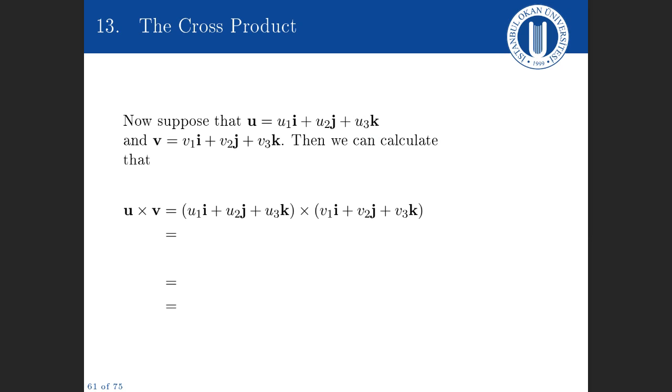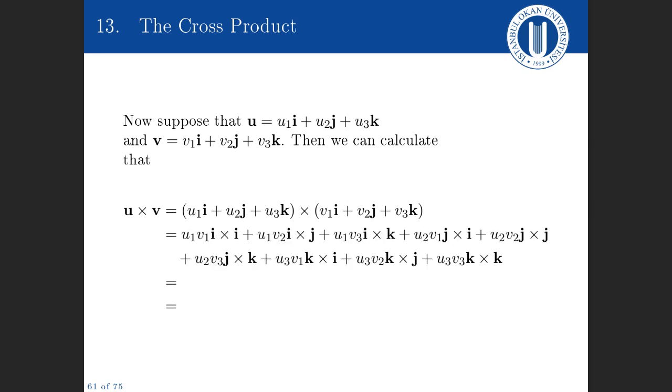Now, we're going to multiply this together in each component. We're going to do first one multiplied by first one to get u1 v1 i cross i. There it is.